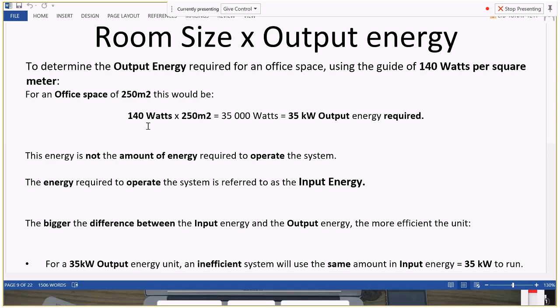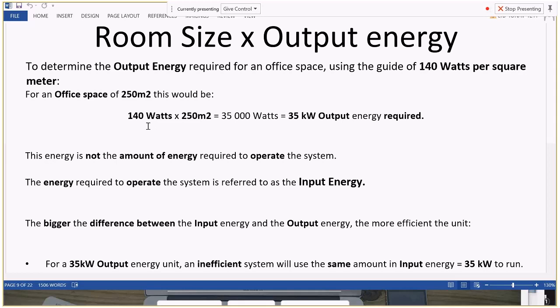Probably plenty of people have done it in their head already. What's that? 7,000. So we'll need 7,000 watts of cooling power for a split system air conditioner.